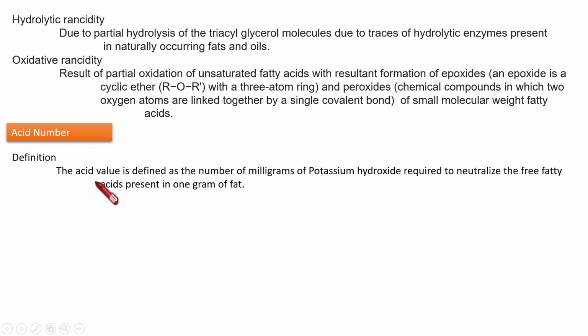Acid value means it is the number of milligrams of potassium hydroxide required to neutralize. That is the important reaction happening, neutralization reaction. Neutralize what? Neutralize free fatty acid present in 1 gram fat. So that number is the acid number.